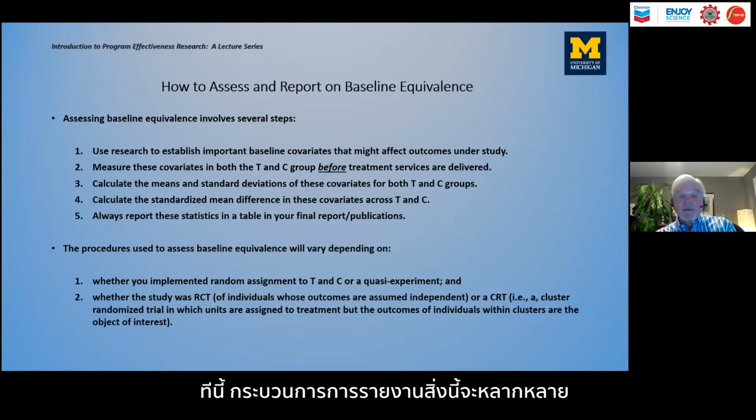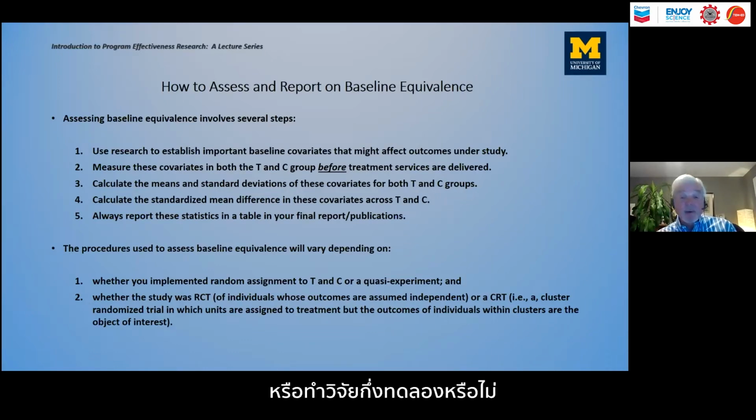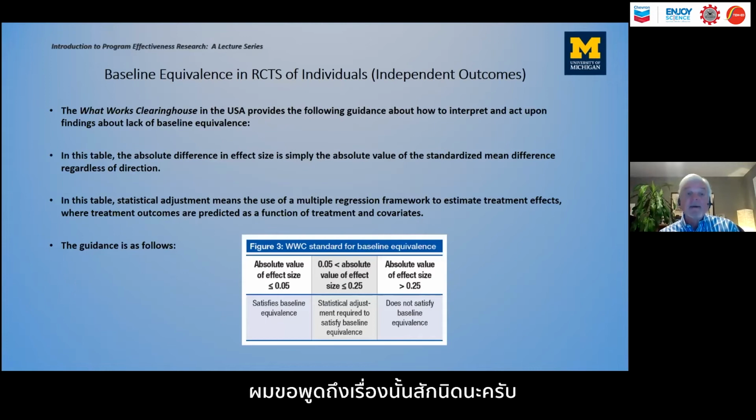Now, the procedures for reporting this are going to vary depending on whether you implemented random assignment or a quasi-experiment, and whether or not the outcomes are clustered or not. So let me just talk a little bit about that.